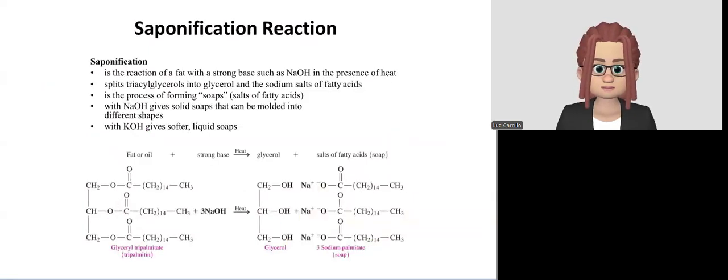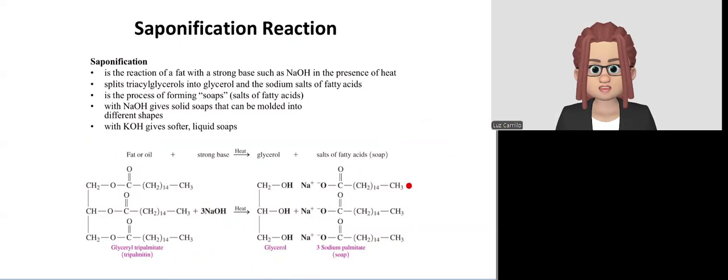The other type of hydrolysis that can happen to triacylglycerols is one that you experience in the laboratory. If you have a triacylglycerol, then you can boil it in base and you obtain glycerol, but instead of the fatty acid in the form of a carboxylic acid, you form a carboxylate ion.